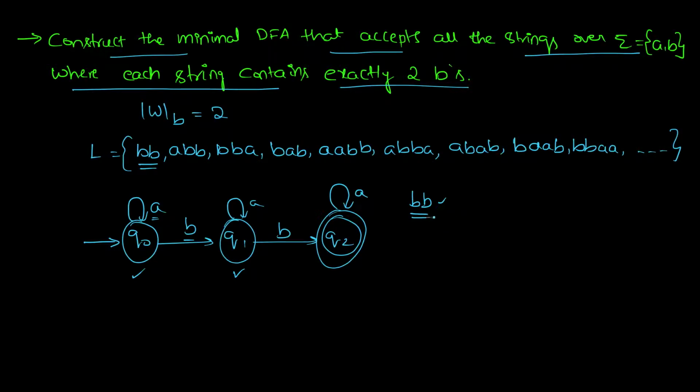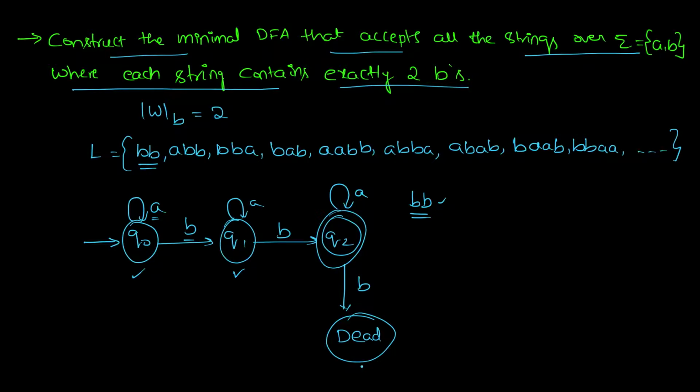On seeing 2 B's, at any position. So when we see a B here at Q2, I will be seeing one more B, which violates the condition over B's. So I will be going to a dead state to reject such strings. On seeing one more B at Q2, I will be going to the dead state.